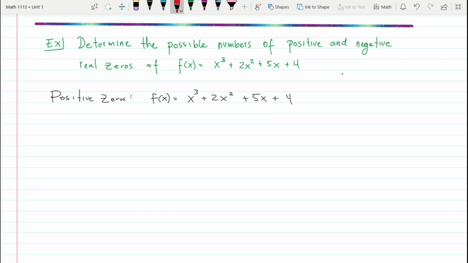So let's start counting. The number in front of the x cubed is a positive 1. From here to here, from positive to positive, no sign change. From positive to positive, 0 sign changes. So altogether, we have 0 possible positive zeros.